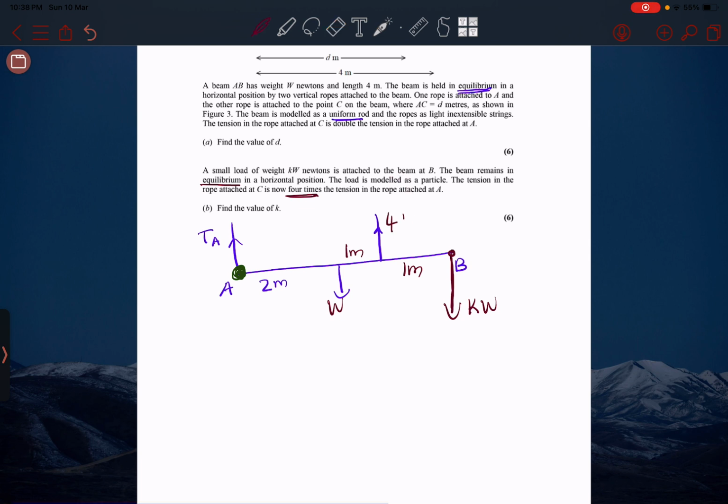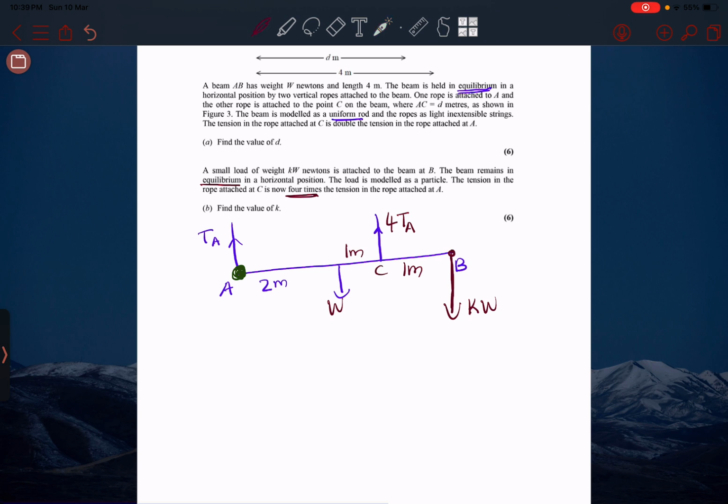So this is 4TA. We still get to use the 1 meter and the 3 meters from the previous question because we're not changing the position. It is still attached at A and C. So the 3 meters is still the same, which is why we get to use the 1 meter that we had before.